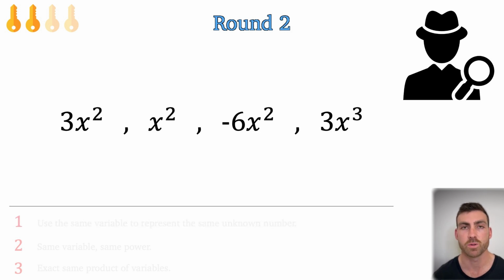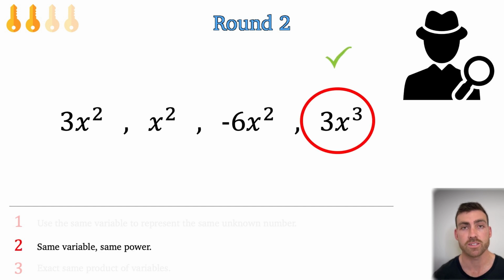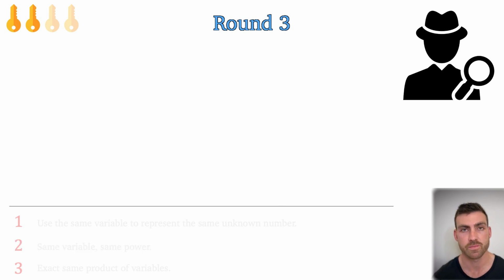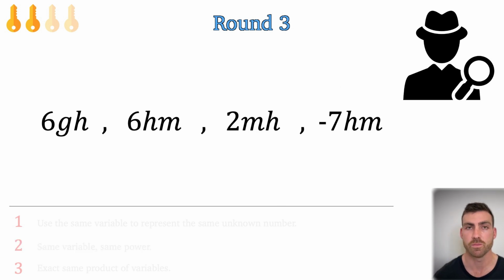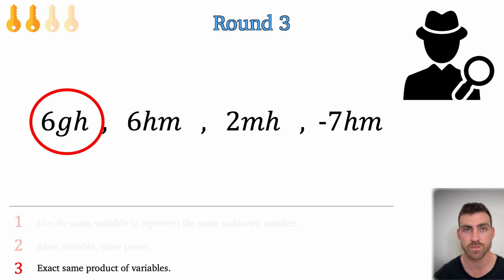Here is the second expression. If you selected 3x cubed, you are correct, since it is a different power from the rest. Here is the third expression. If you selected 6gh, you are correct, since it has a different group of variables.